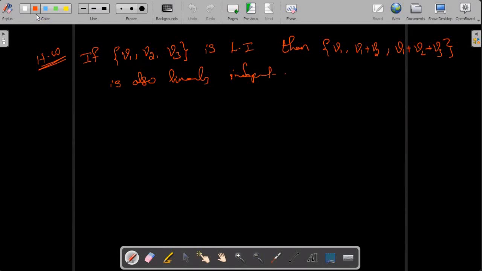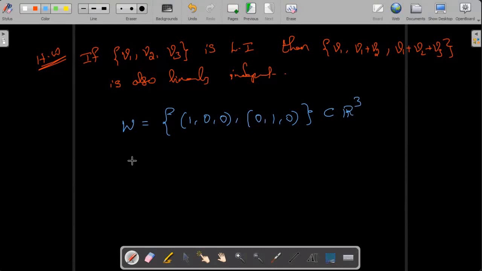Every element in the linear span can be uniquely expressed as a linear combination of the given vectors. What I mean is, you take this set W, which is equal to 1, 0, 0 and 0, 1, 0. This is a subset of R3, and you know the linear span of W is nothing but the XY plane.